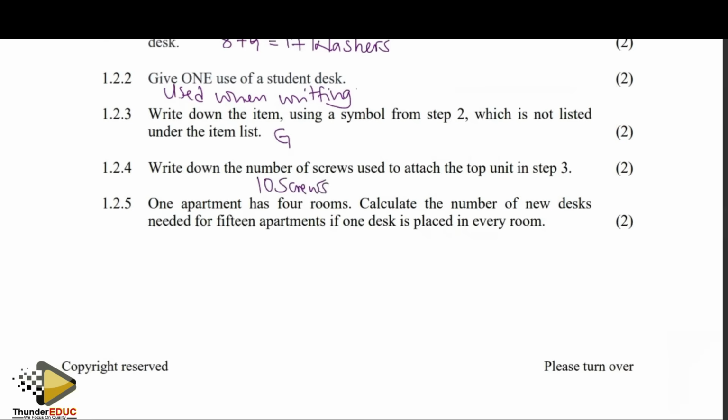One apartment has 4 rooms. Calculate the number of new desks needed for 15 apartments. If one desk is placed in every room, so we are saying 4 times 15. The answer becomes 60.